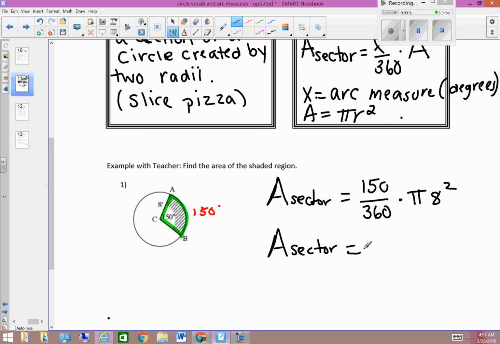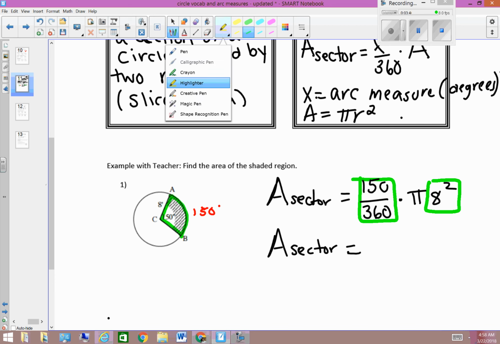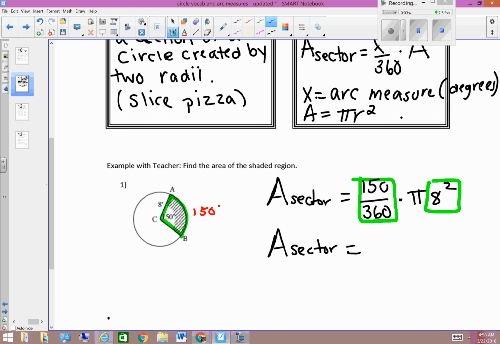If I take the calculator and just do this part and then put that in straight in the calculator, I'm going to get 26.67 pi. Now this is an exact answer, and that's in terms of pi.